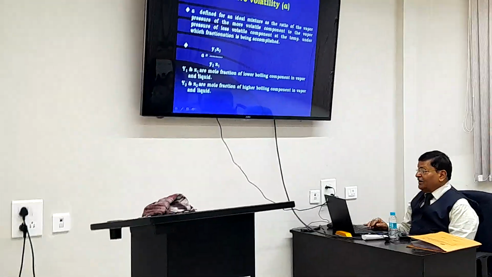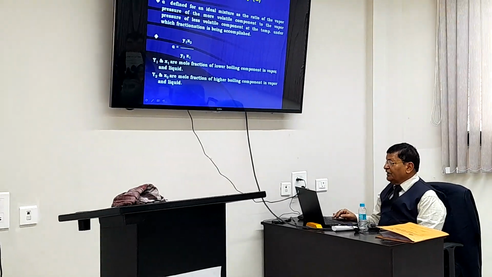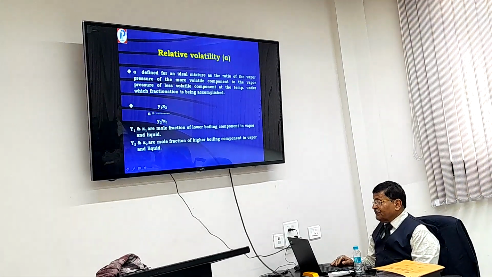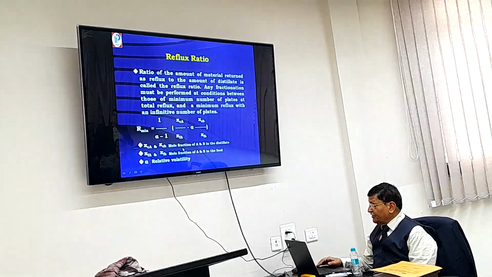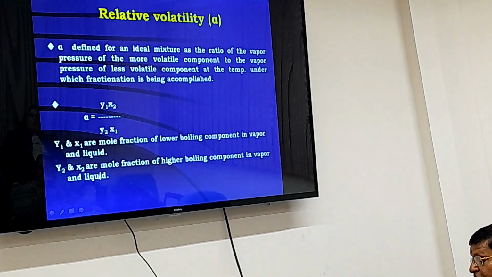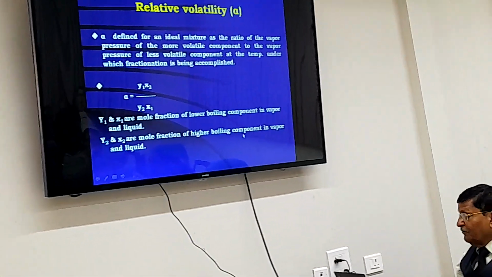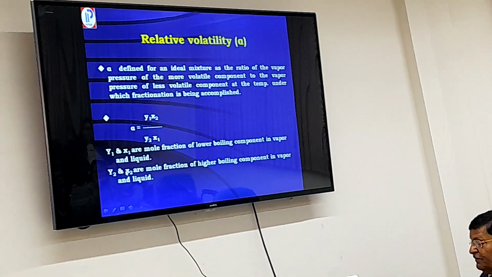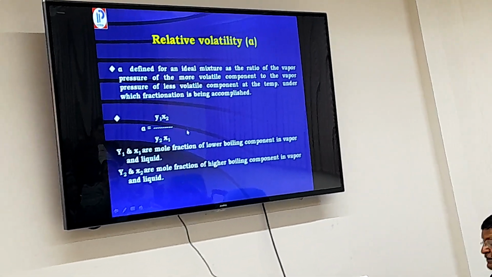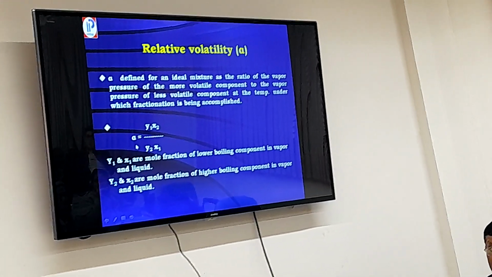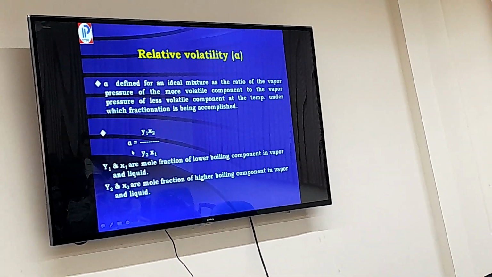Y1 and x1 are the mole fractions of the lower boiling component in vapor and liquid, and Y2 and x2 are the mole fractions of the higher boiling component in vapor and liquid. Knowing the mole fractions, you can find the relative volatility.